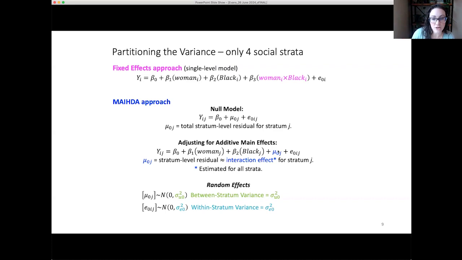So this interaction effect, which is estimated for each of our strata, is kind of analogous, though a different number, to this one. Again, this is a particular intersection just for Black women comparing with other groups. But this is sort of like an interaction saying, relative to what we might expect if it was an additive world, how much is this stratum actually showing up as being different from that?